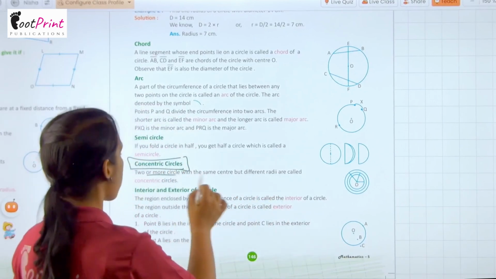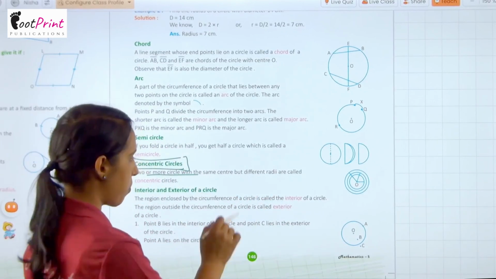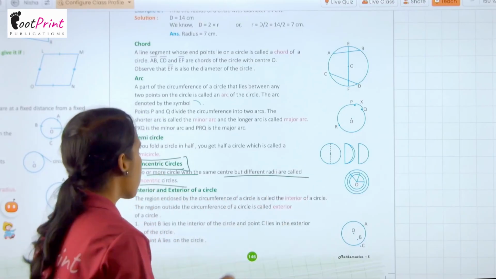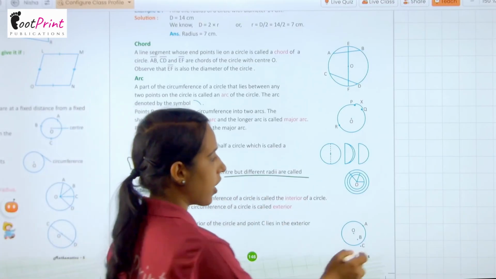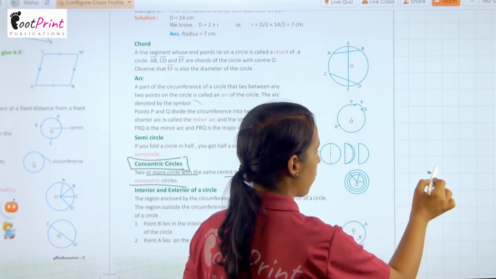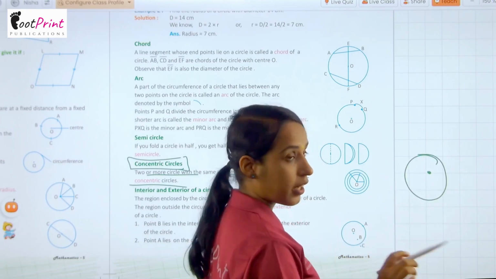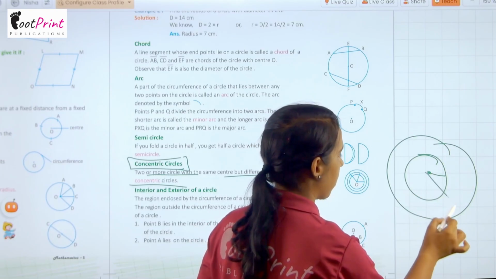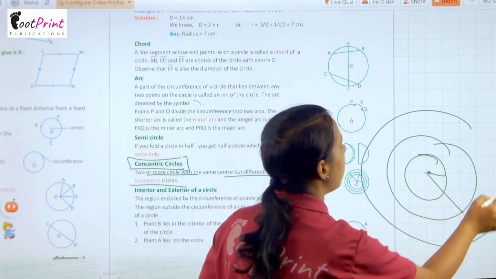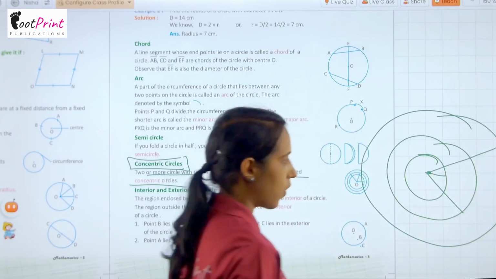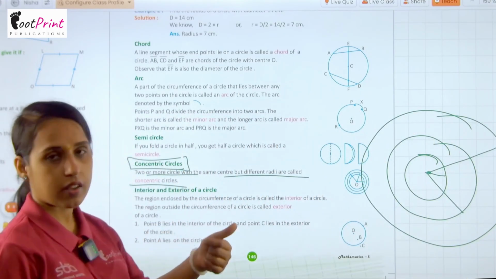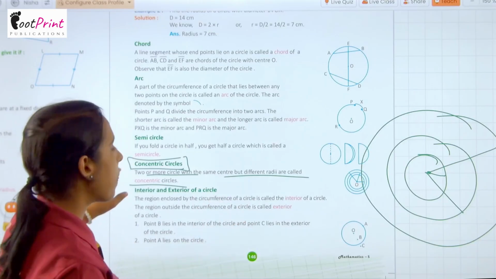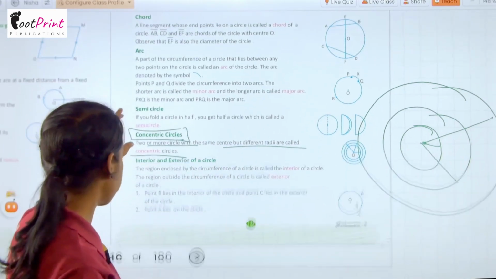So two or more circles with the same center but different radii are called concentric circles. We took the same center, and from that same center we made circles of different radii, assuming the same center. Okay, so that one is called concentric circles.